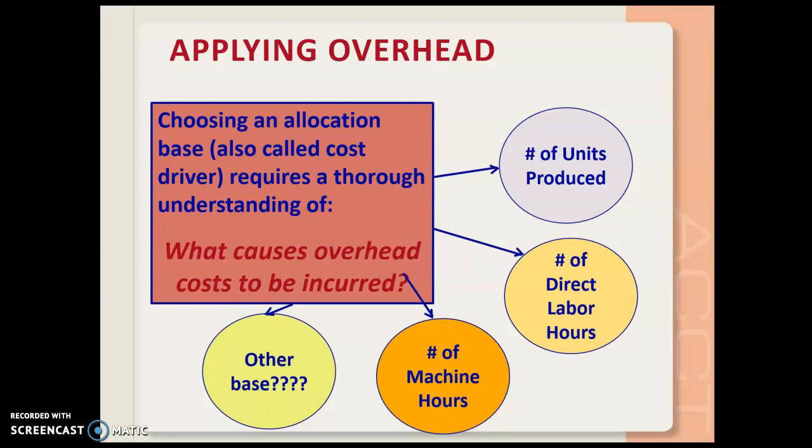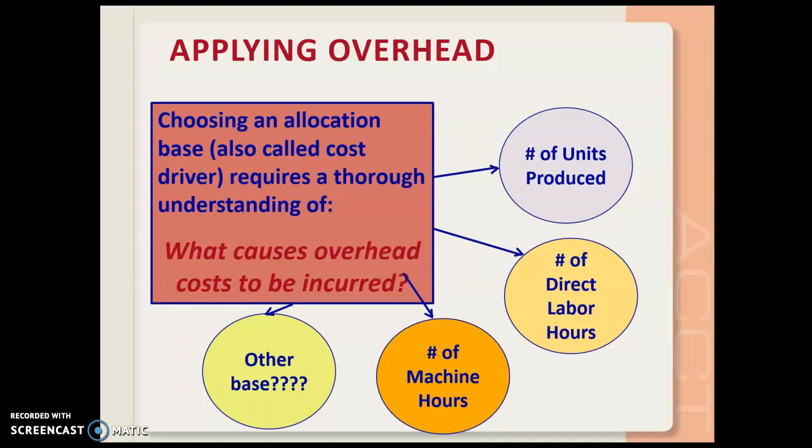The number of units, especially if we only produce one kind of thing and they're all the same, then we could just divide out the estimated overhead according to each unit. So if we have $1,000 of overhead and we have 1,000 units that are all the same, we would just say 1,000 divided by 1,000 is $1.